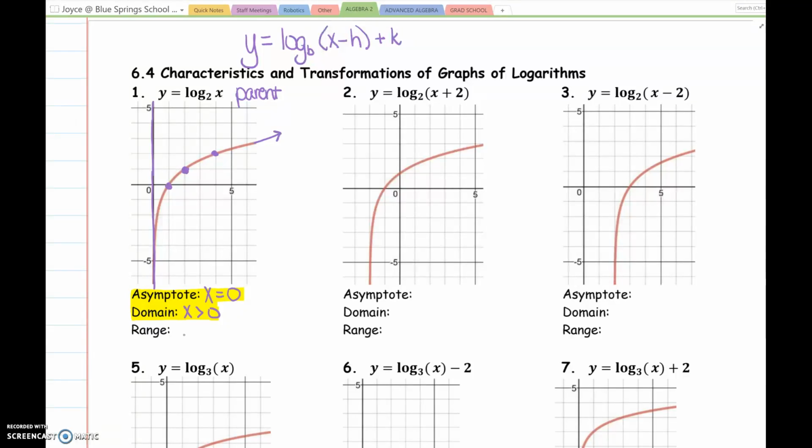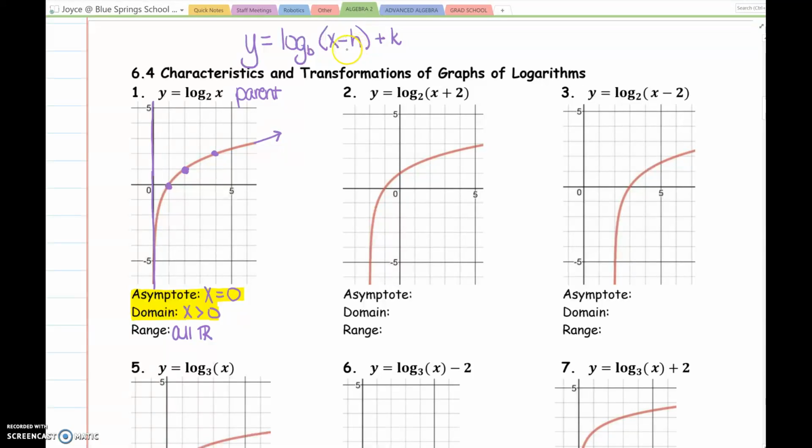This time, the domain is tied to the asymptote, so the range is all real numbers. And for every single log graph, your range is going to be all real numbers. So at this point, you could go through this entire page and write all real numbers next to every single range on this entire page.